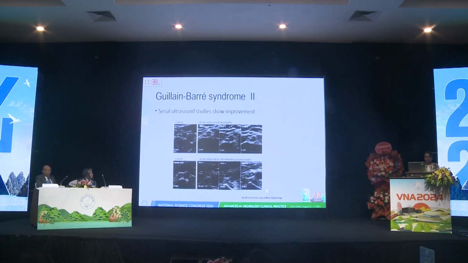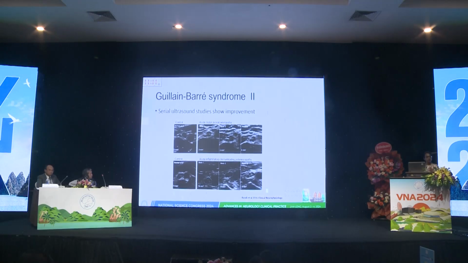We've also looked at doing it serially because you want to see whether there is any improvement in Guillain-Barré syndrome. What we have found, for instance, is that in the first week, it may be very, very big to start with. Then as the patient gets better and the inflammation, which is a one-off inflammation, starts to settle down, the nerve also starts to become smaller.